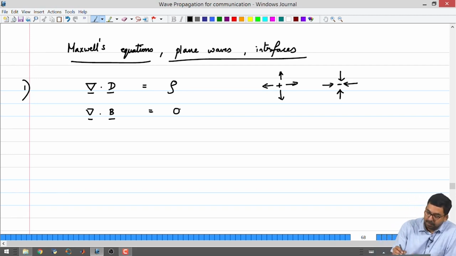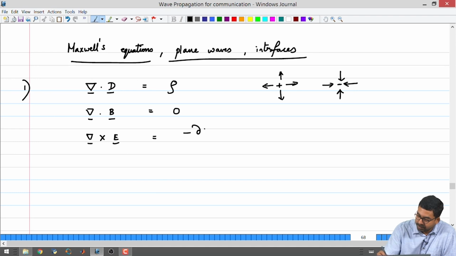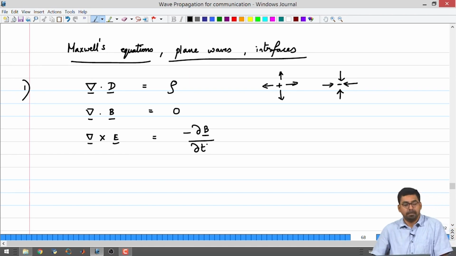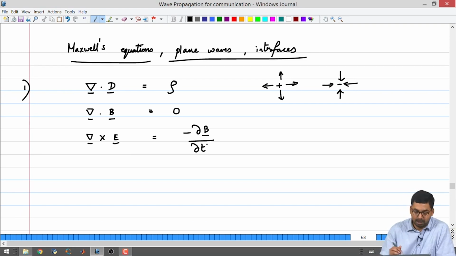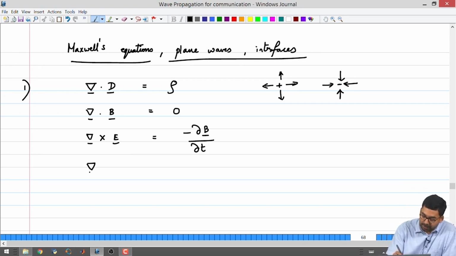Okay. Now, when we are writing these, I will write down the remaining equations and talk to you about the quirks involved in these equations. I also have the two curl equations, right. Just make it del cross E equals minus del B del T. And I have another curl equation.